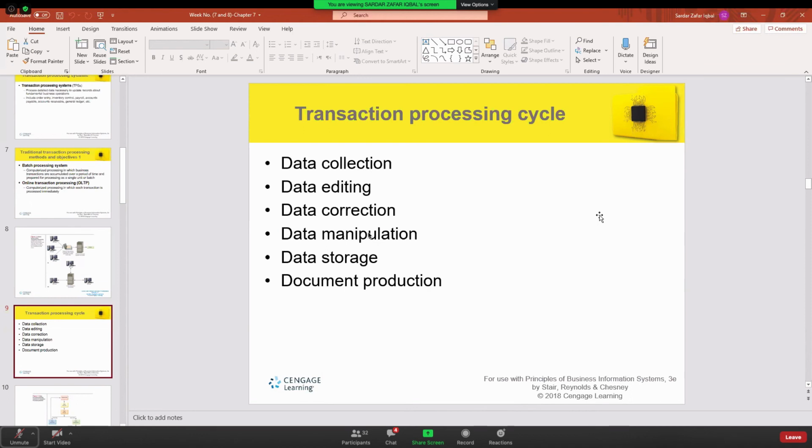So data collection can be manual, you can write on papers, on registers, on files, or you can use some devices like this. This scanner device is in every shop, right? Nowadays, every shop is using this scanner, and it is mandatory for online payment or payment on the machine.